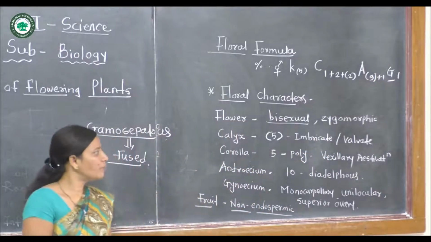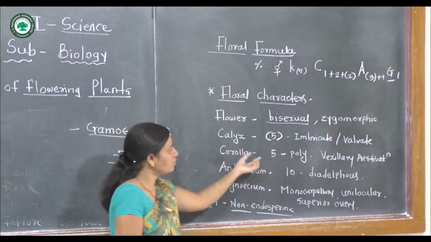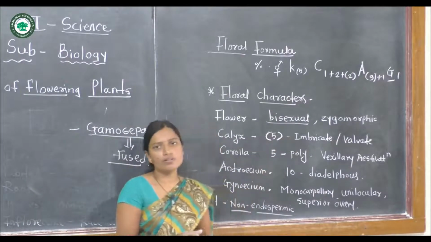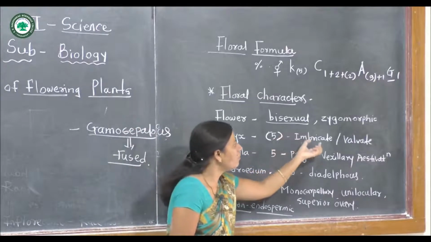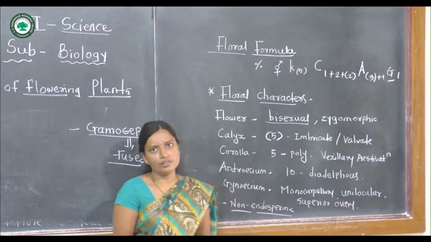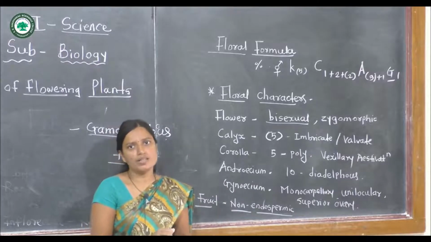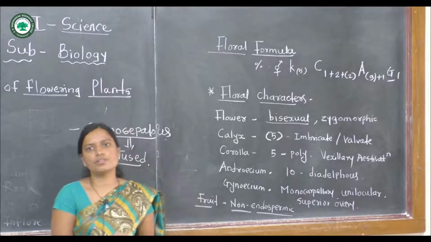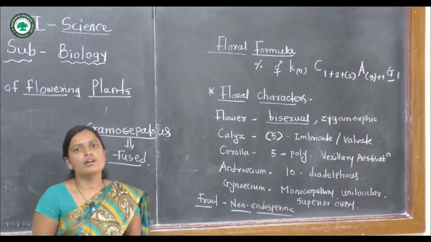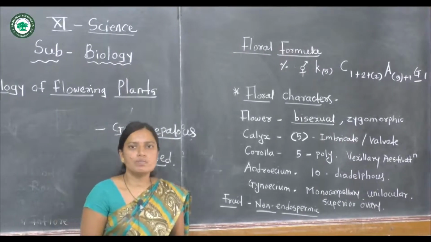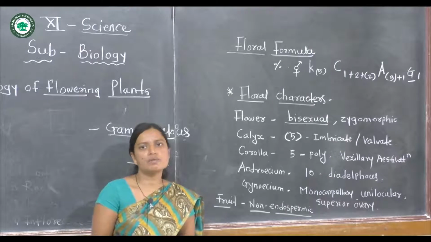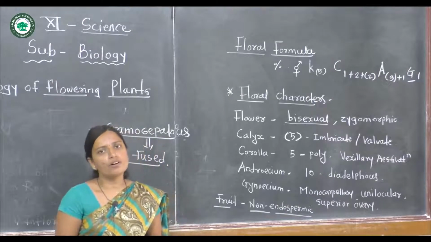The imbricate type of estivation means the floral whorl, the calyx, arises in valvate as well as imbricate type of estivation. You know the estivation, this was already discussed. Estivation means the arrangement of the sepals and petals in a specific manner in the floral whorl.